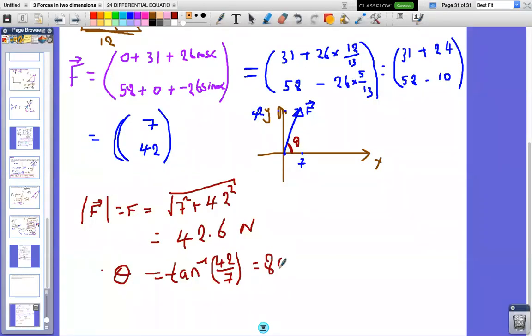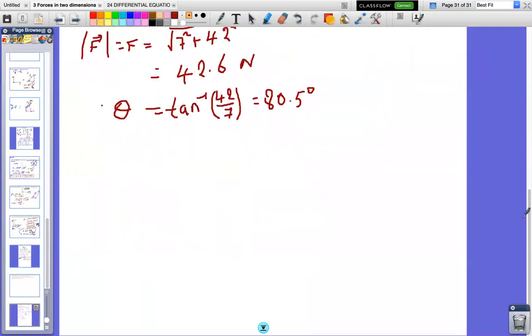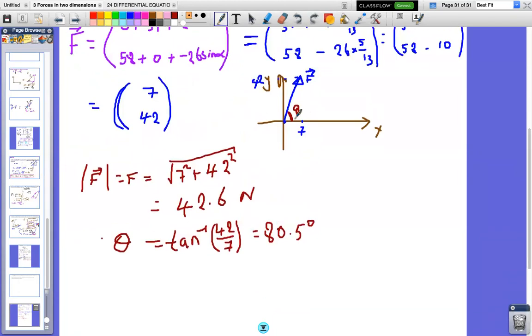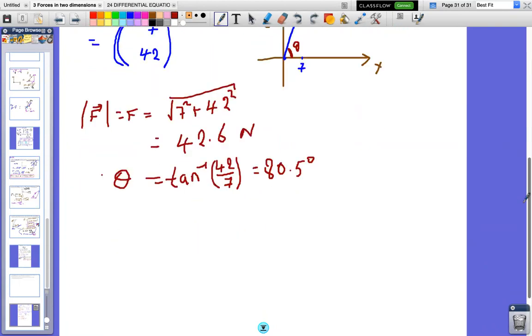So 80.5 degrees. So this is even slanted up. It's very close to 90 degrees. So when you end here, most of you guys, after you solve these problems, you never write a conclusion. Either you have a diagram like this to show which angle is theta, or after you solve, you give a conclusion.